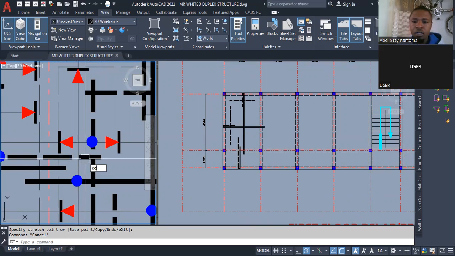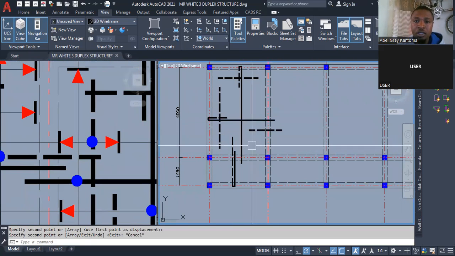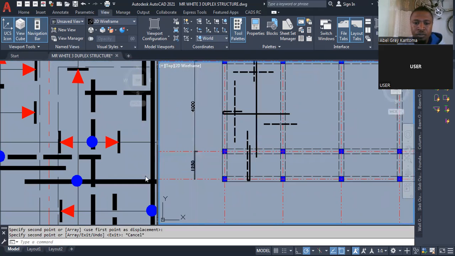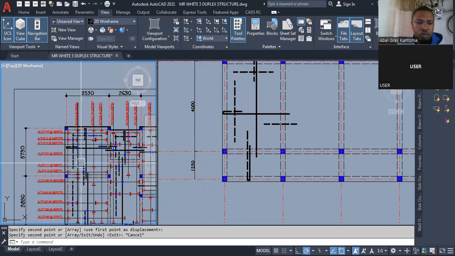Because this is an internal beam, I have this. I will take the right measurements later in the next session. I just want to place all the necessary reinforcement where they are supposed to be. All right, sir.